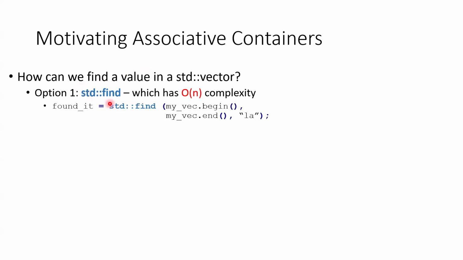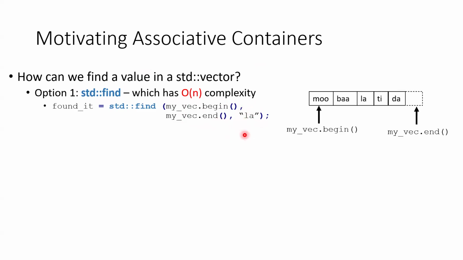The std find function is defined in the STL to do a linear search that loops from myvec.begin to myvec.end and searches for a single value. It will return the iterator to where it finds the value, at the first appearance of the value.